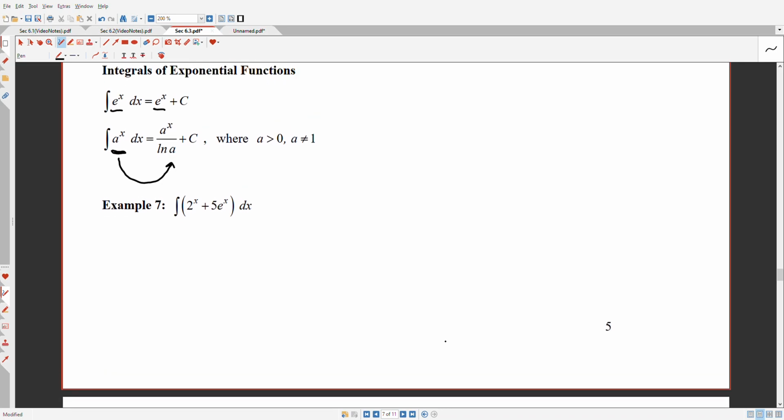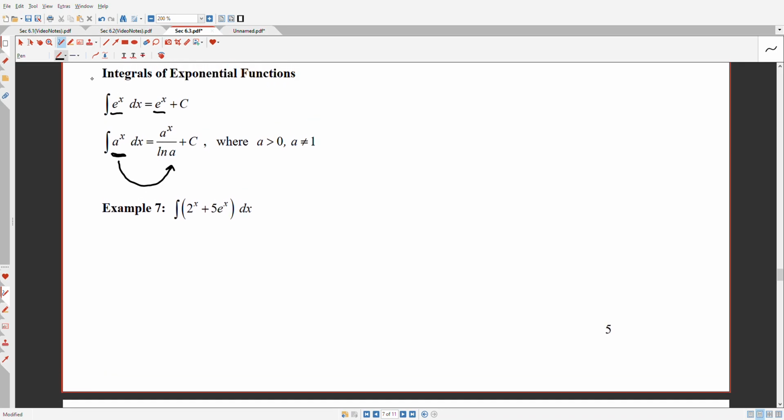Okay, so let's make example 7 a proper question 2. The answer choices here are going to be what are the answers for example 7. So maybe answer choice A would be something like, oh, I don't know, natural log 2 to the x plus 5 e to the x plus c.